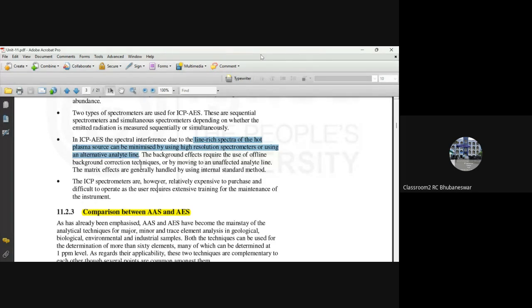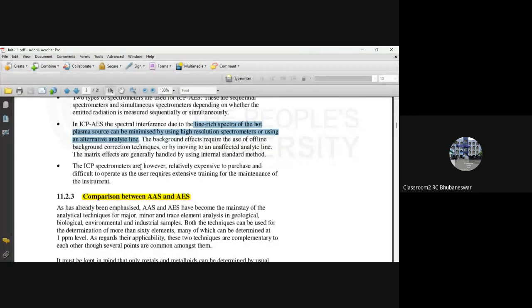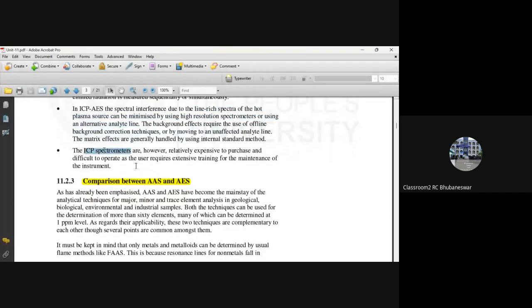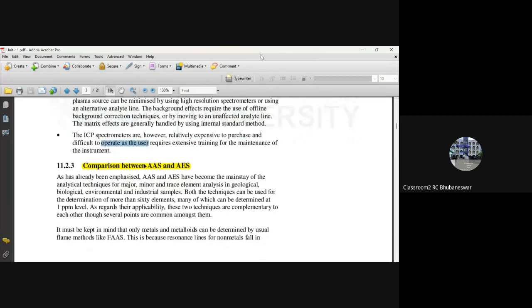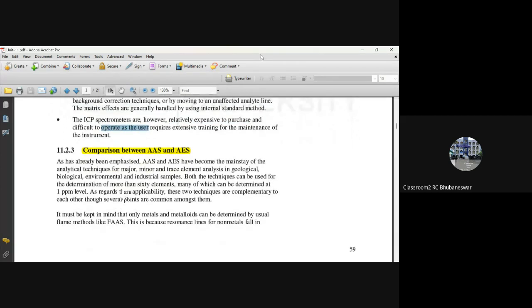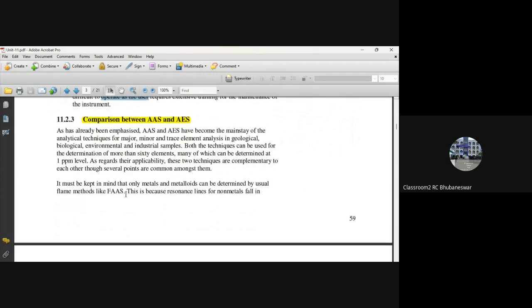These are the minimization things. Spectral interferences can be minimized. The ICP spectrophotometers are, however, relatively expensive to purchase and difficult to operate. So this is the limitation with it, but it's a good one to study various elements.